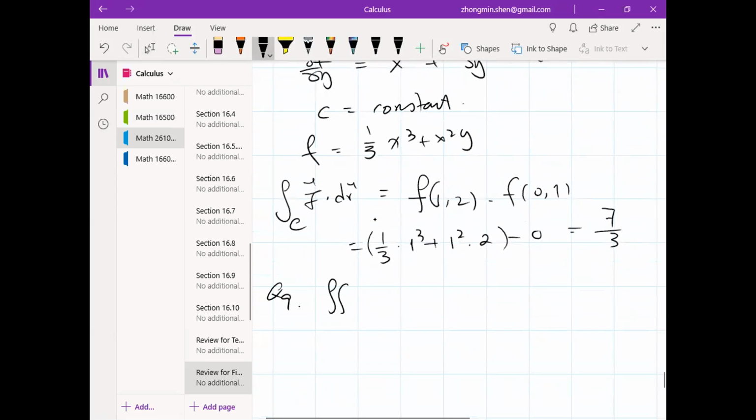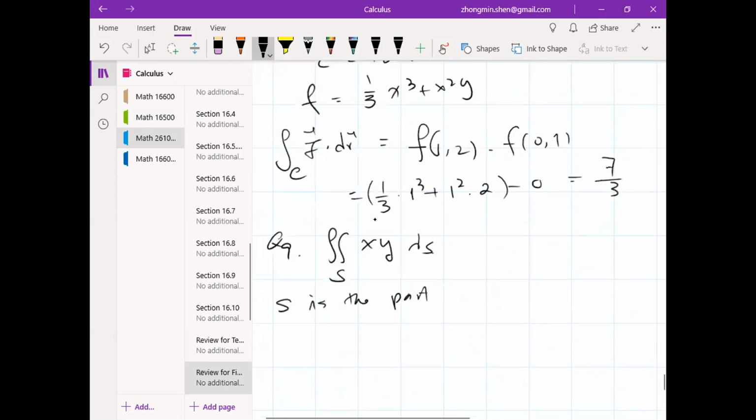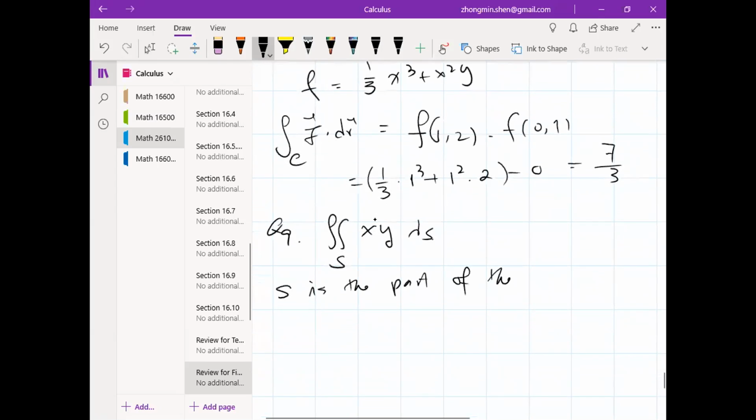Okay, this is a surface integral. S is part of the plane x plus 2y plus z equals 2 that lies in the first octant.